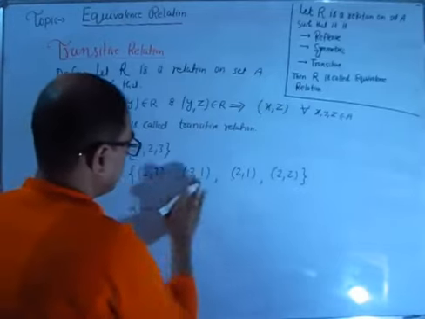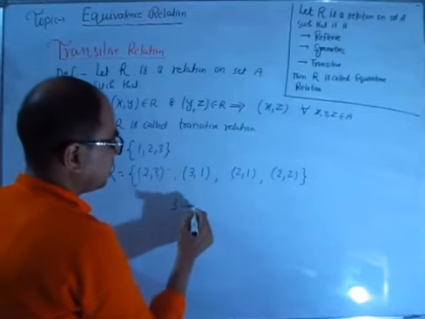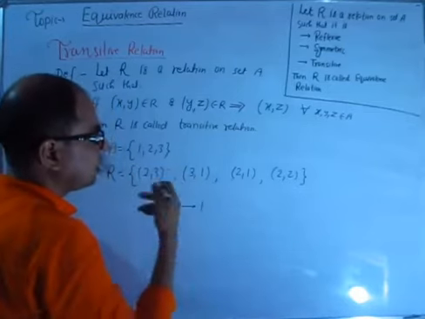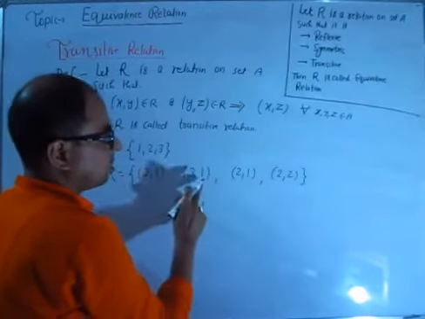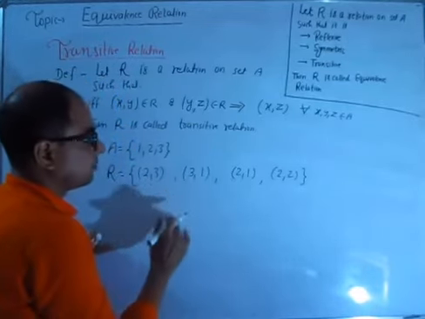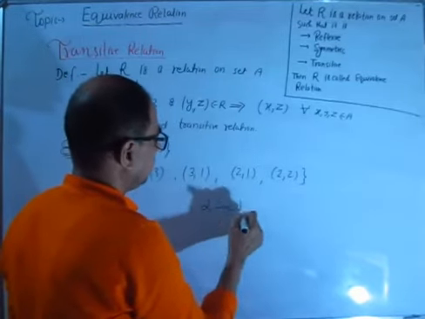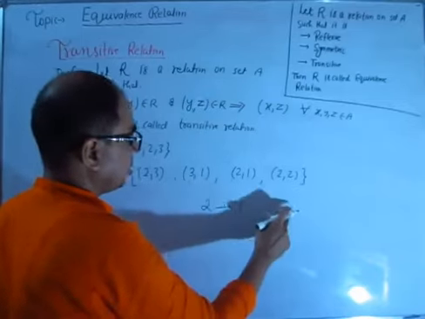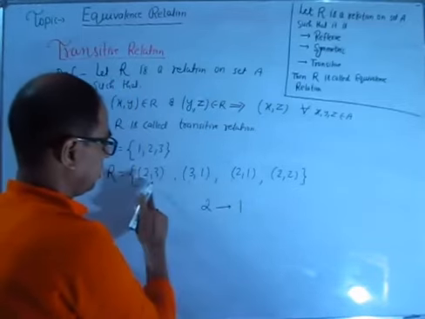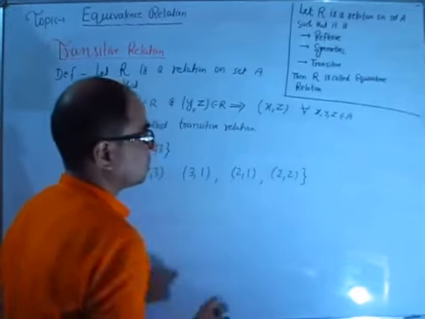Okay, now let us check this one. 3 is related to 1. Is there any situation where 1 is related to any element? There is no such situation, so leave it. Now 2 is related to 1, and 1 is not related with any other element, so leave this too.